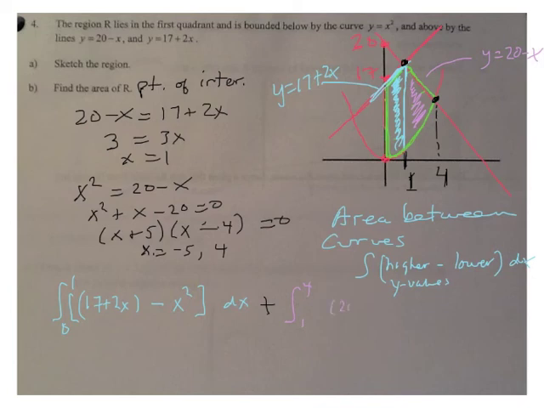That's 20 minus x, and subtract off the x squared. I am going to leave it to you to do those computations.